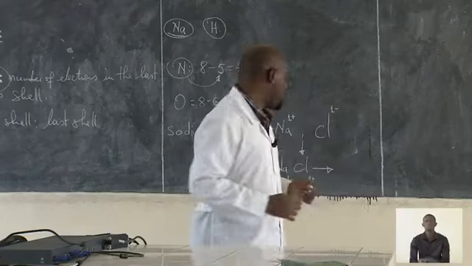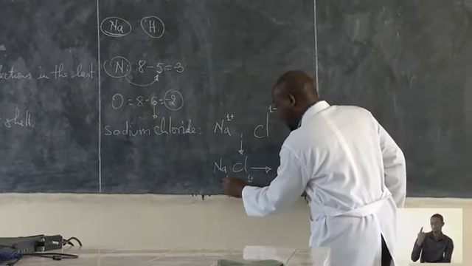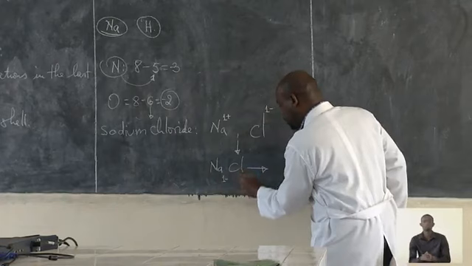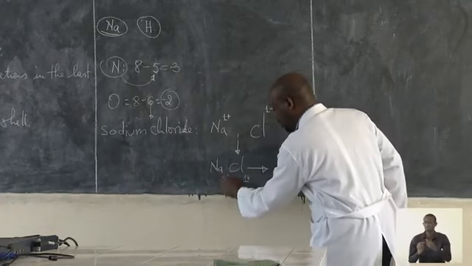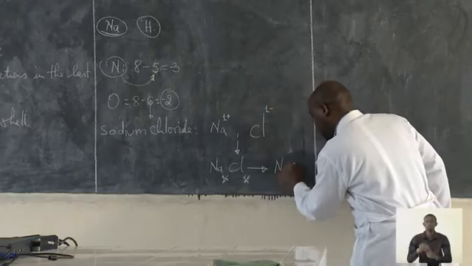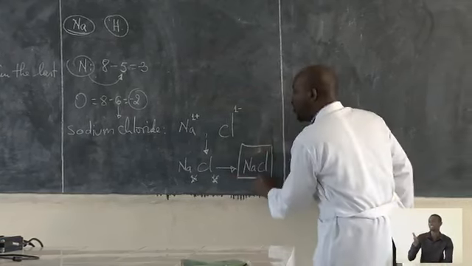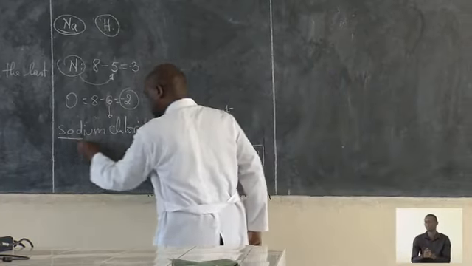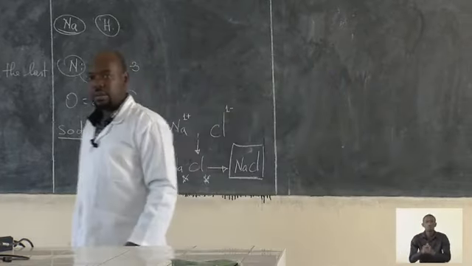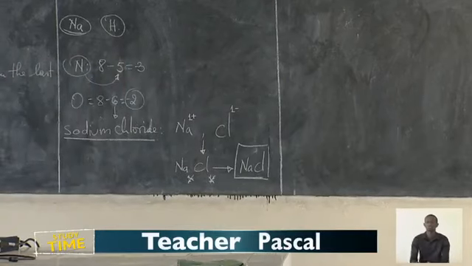But now, as we have 1 and 1, then negative 1 plus positive 1, we get 0, so they can be cancelled, and we get NaCl, and this is the molecular formula of table salt, sodium chloride.